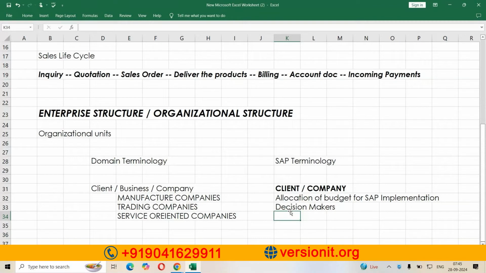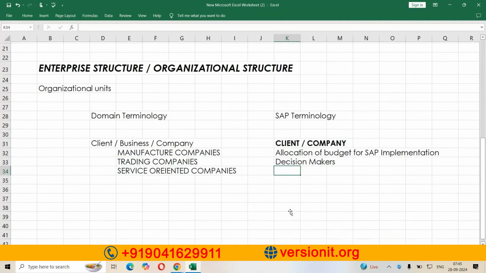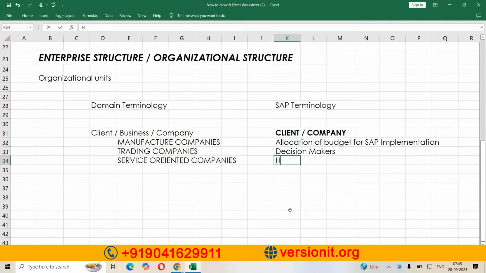So this is one thing you need to know when you work with the client. And it is going to be called the highest level in enterprise structure because of the decision making.